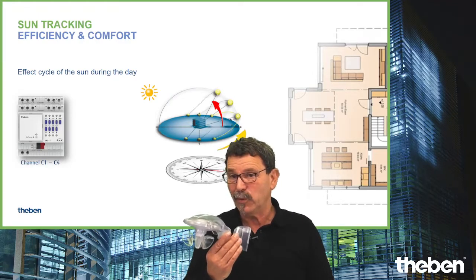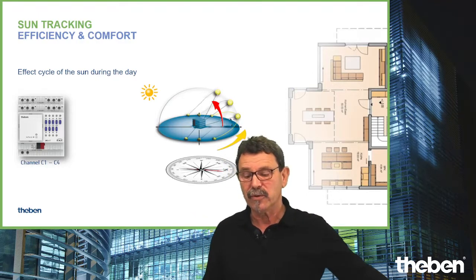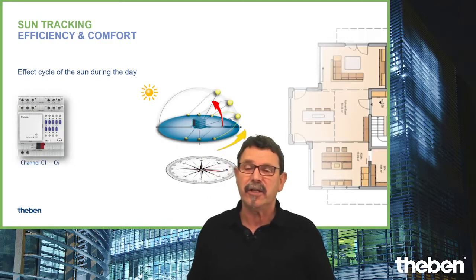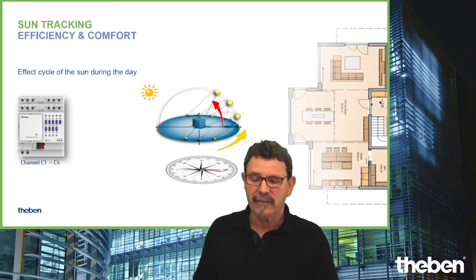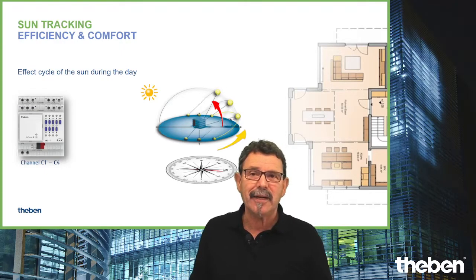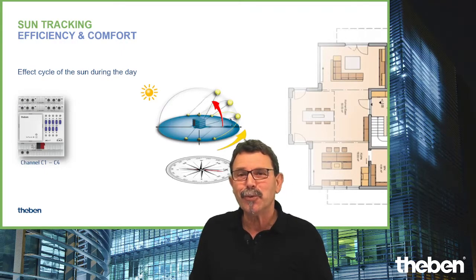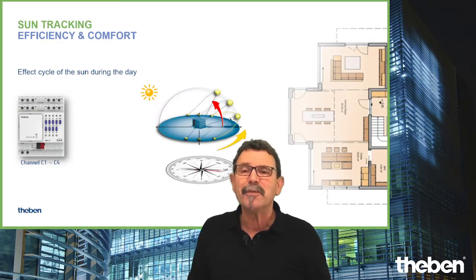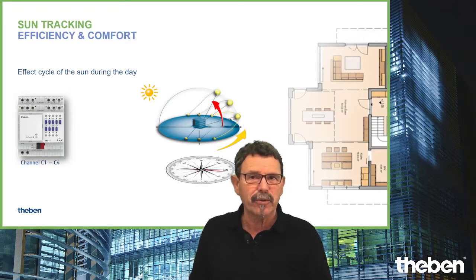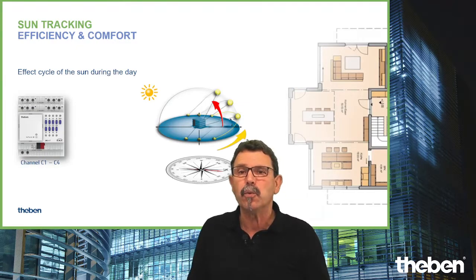And with this powerful weather station, you can support this shading control perfectly. I will make you acquainted later with the application settings. And as you know, usually we have at the end of this theoretical part of our webinar a practical part. So I will show you how the principle is working.